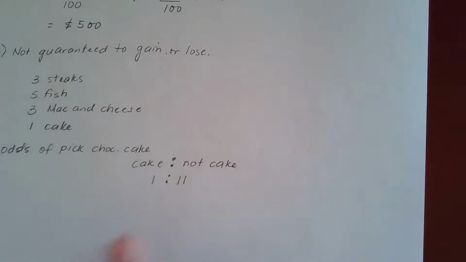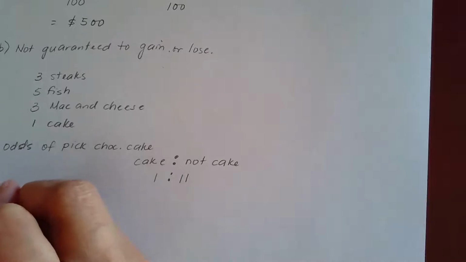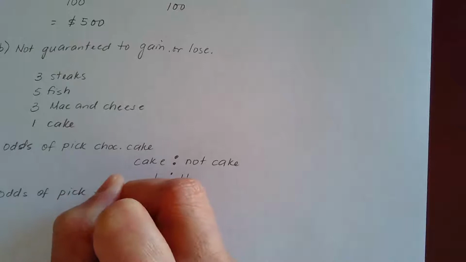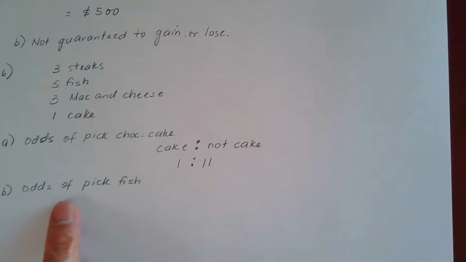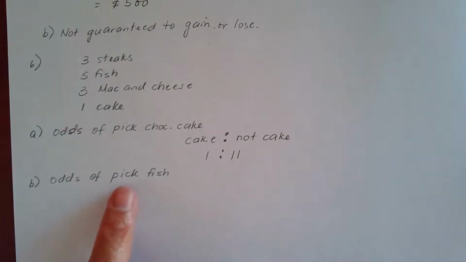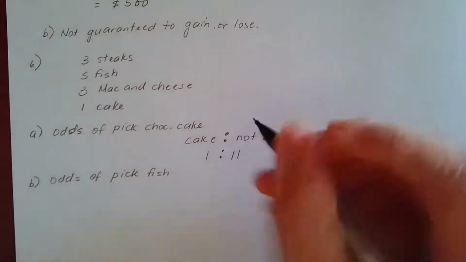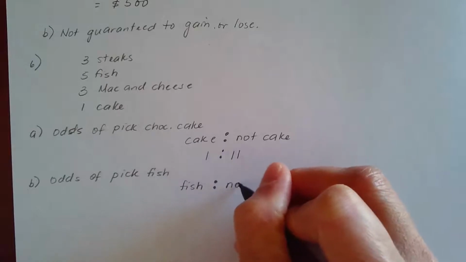Okay, and let's take a look at B. What's the odds of picking fish? Now again, because this is the odds that we're talking about, in here of picking the fish, what we're going to do is look at the ratio of fish is to not fish.